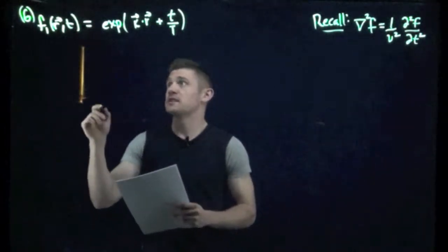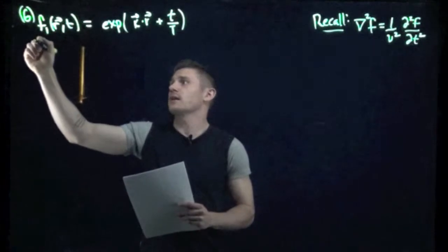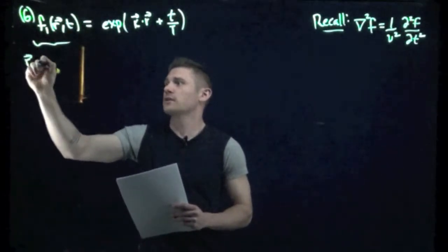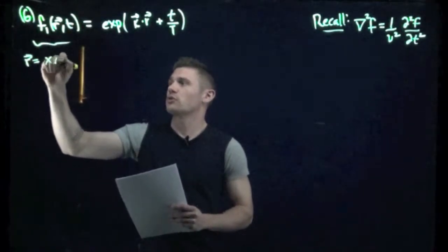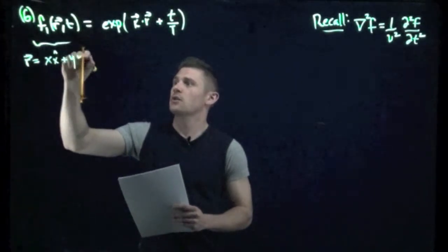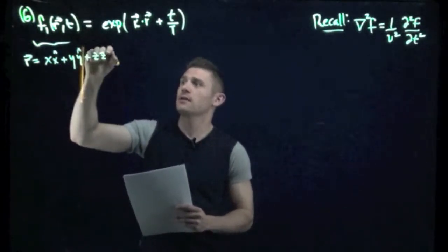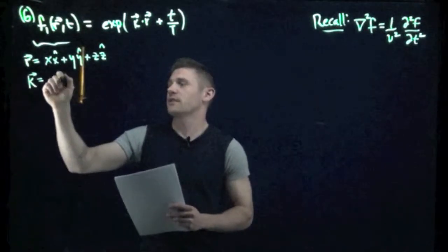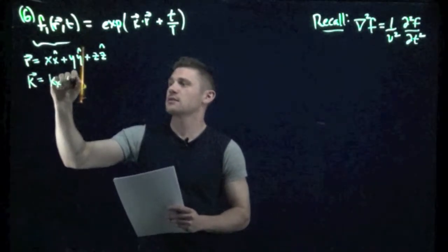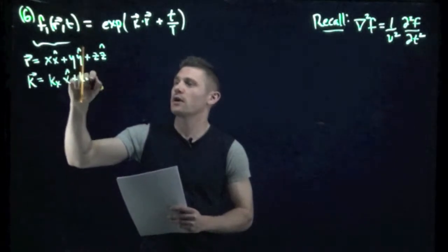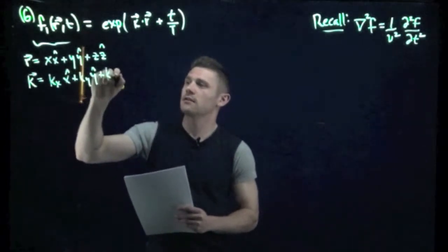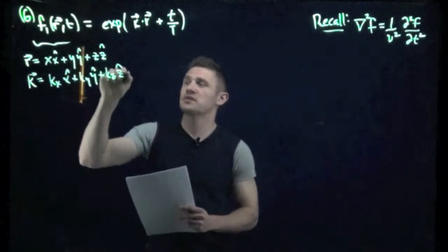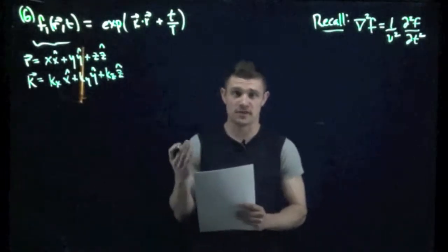Some things to note right away are that r is our normal position vector, x x hat, y y hat, and z z hat. And our k is our wave vector, which denotes the propagation of that wave, and it's given by some kx x hat, ky y hat, and kz z hat. They don't explicitly give us k and r in this problem.